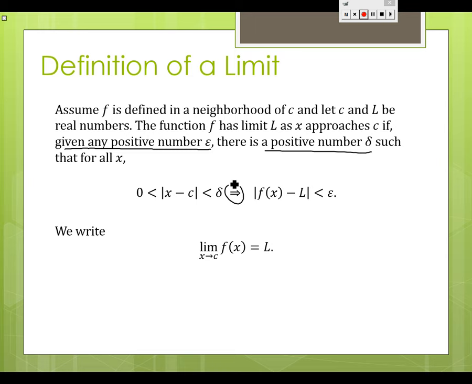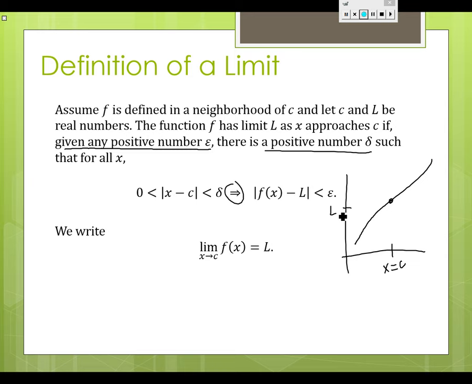So here, let me give you intuition, and then we'll return to the symbols. Maybe I should show you the picture first. I'll draw this again here. If I claim that the limit as x approaches c is some number L, then you, as the skeptic, should be super critical of me. You should be like, okay, really?